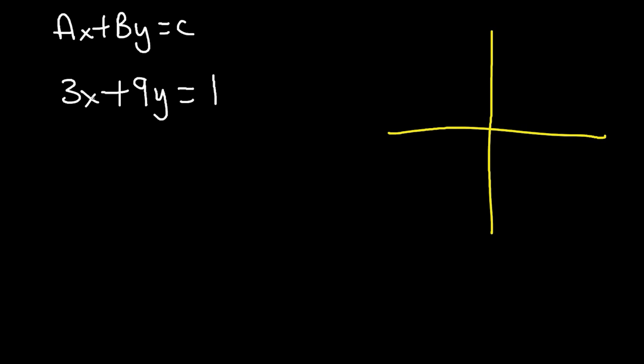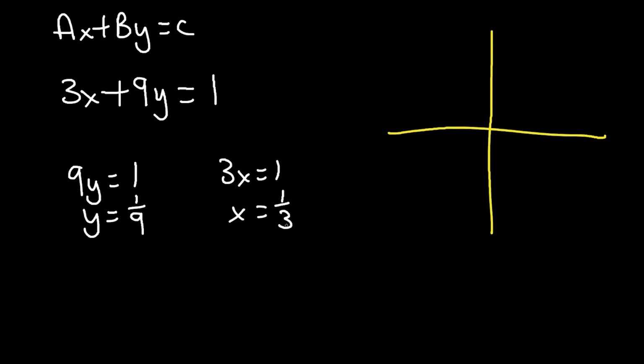So if we start with x is equal to 0 first, then we have 9y is equal to 1, so y is equal to 1/9. And if we set y is equal to 0, then we have 3x is equal to 1, so x is equal to 1/3. So when x is 0, y is equal to 1/9, which is about here, let's say.